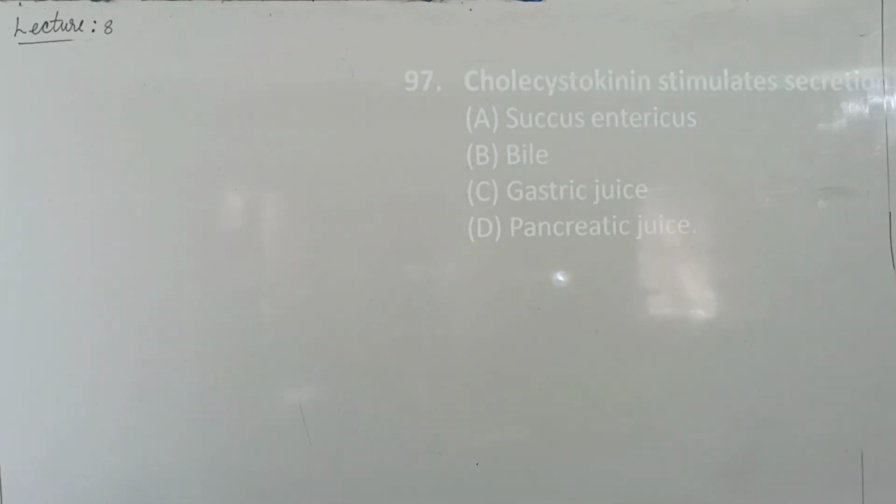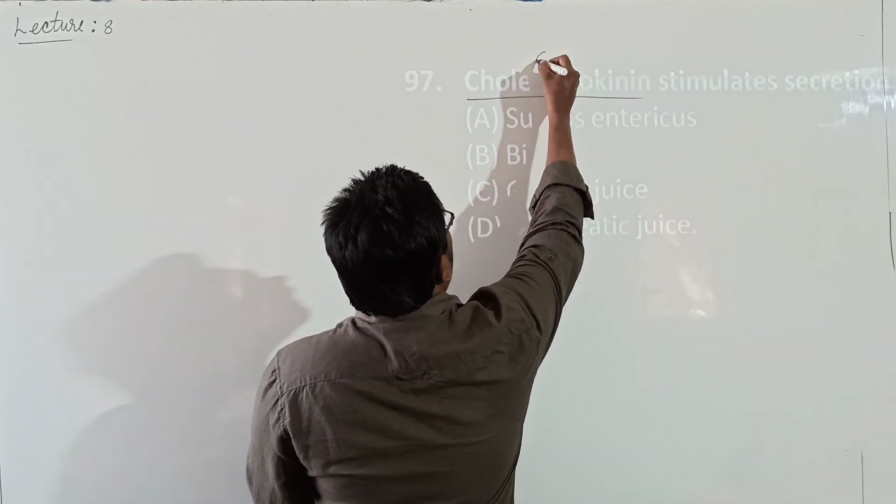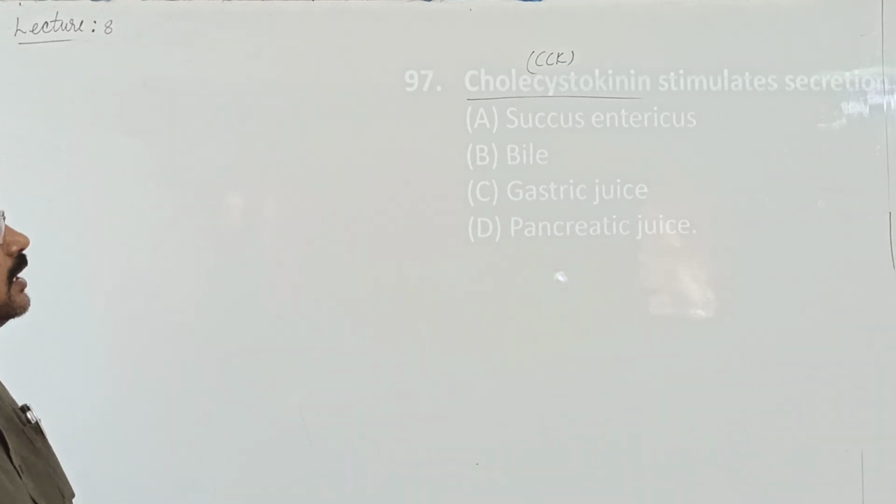So the next one, cholecystokinin. In short, you can take it as CCK. Cholecystokinin stimulates the secretion of succus entericus, that is intestinal juice, or bile juice, or gastric juice, or the pancreatic juice.